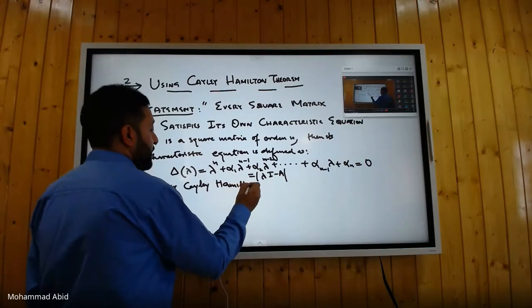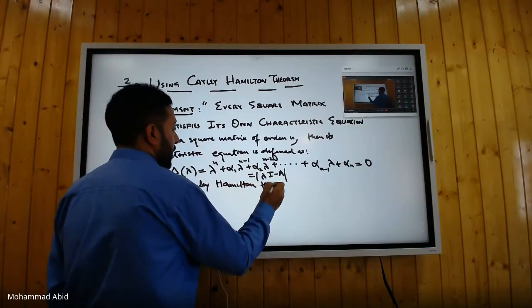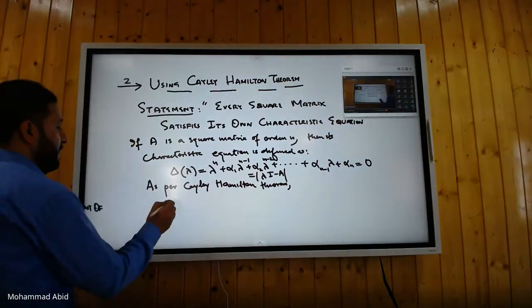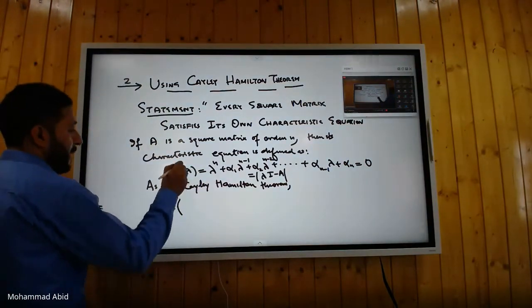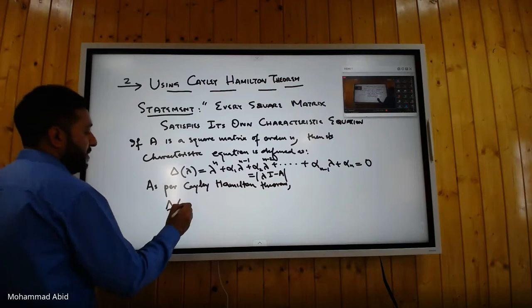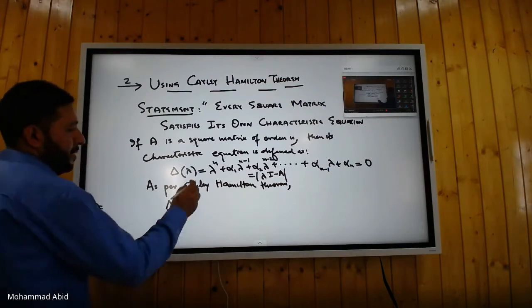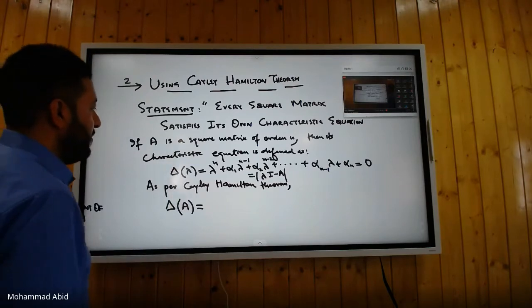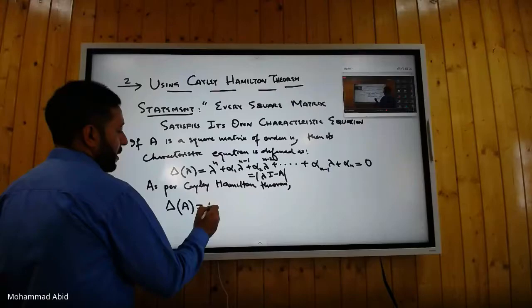As per Cayley-Hamilton theorem, if we evaluate delta, and for this lambda, if we substitute this matrix A, this equation will become a matrix equation. Lambda की जगह A आ जाएगा.